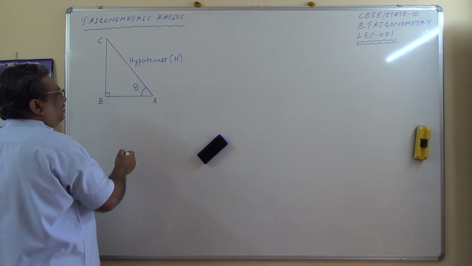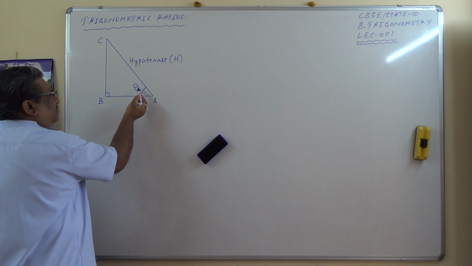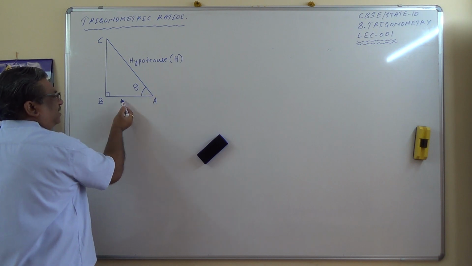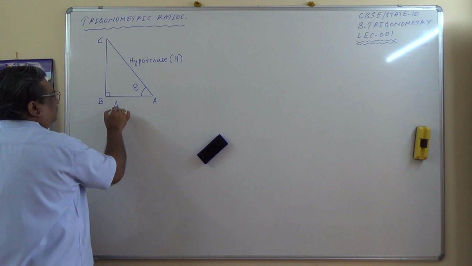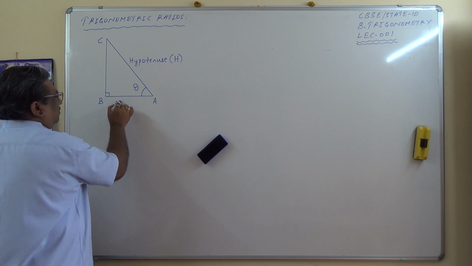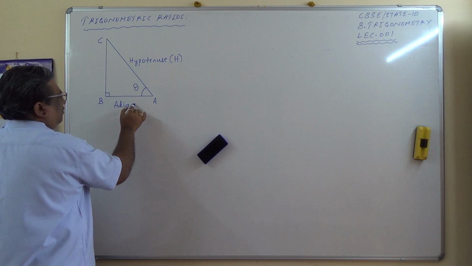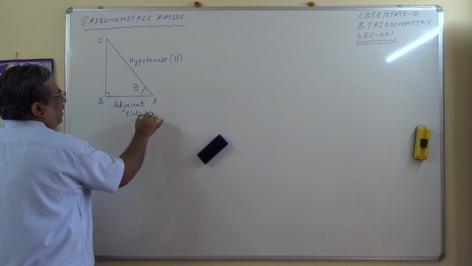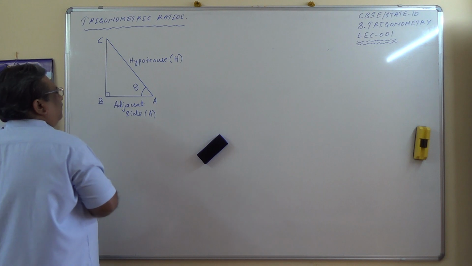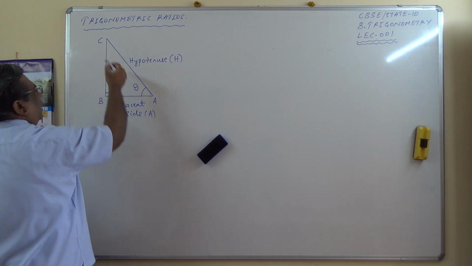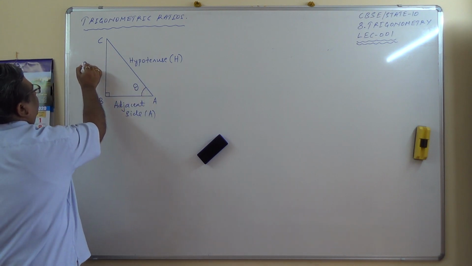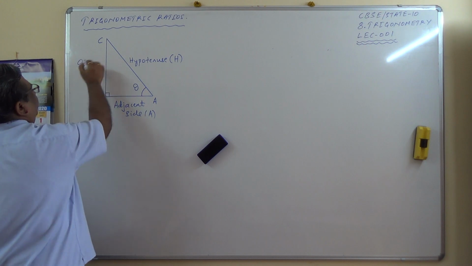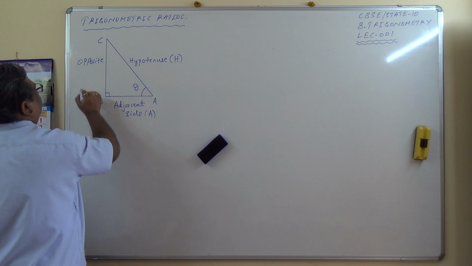Theta is the reference angle, and therefore adjacent to this theta is the side called the adjacent side. Adjacent side, let me mark it. And opposite to theta is called the opposite side, which is BC here.